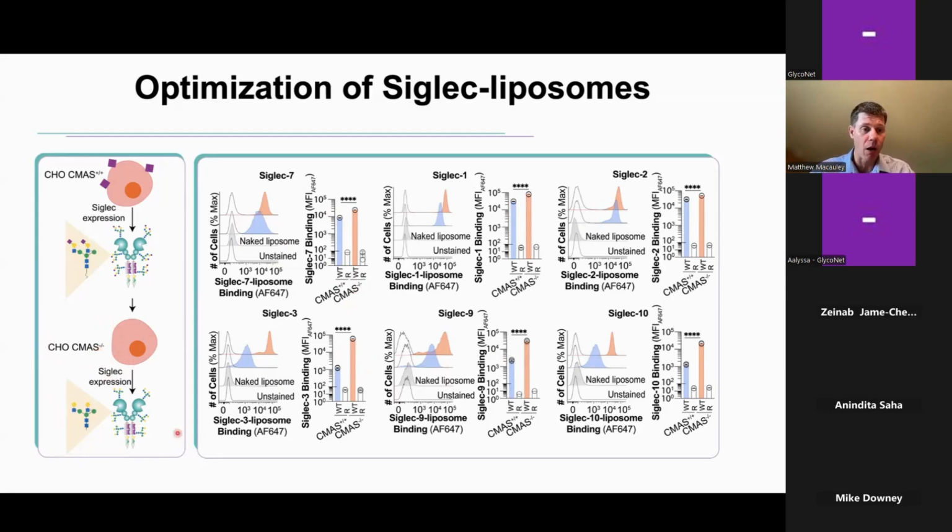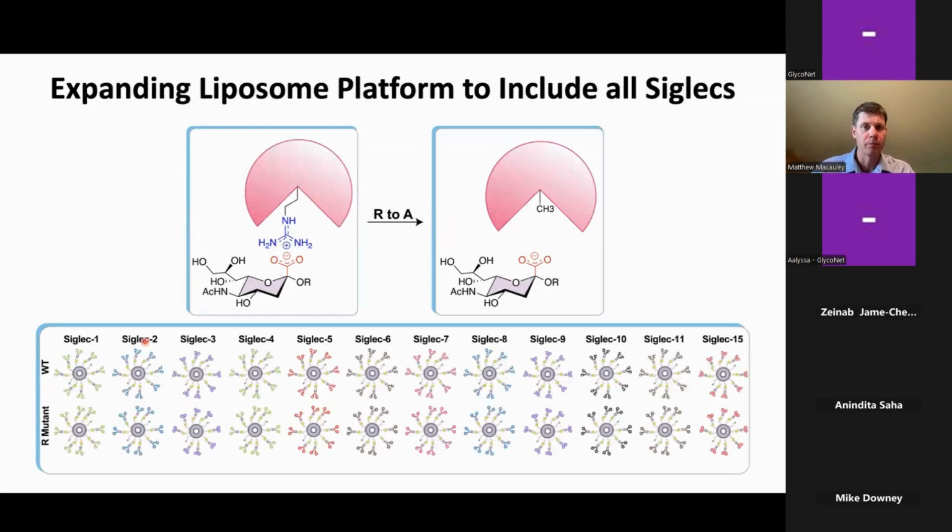So this has really been our expression platform of choice, expressing Siglecs without sialic acid on them. So Zainab then undertook this massive effort to express all the Siglecs, all their arginine mutants from CMAS knockout CHO cells, and successfully did so. And so next, I'm going to show you some profiling that we did with all these Siglec liposomes on hand.